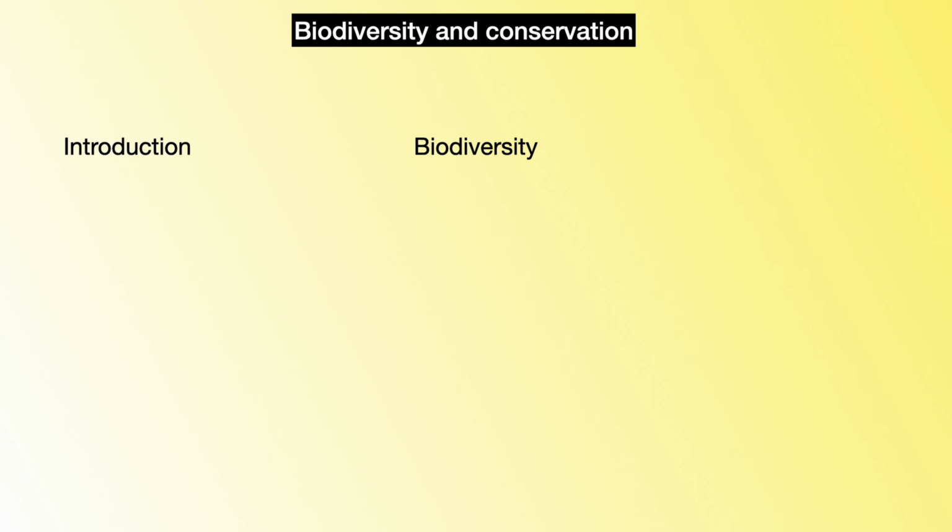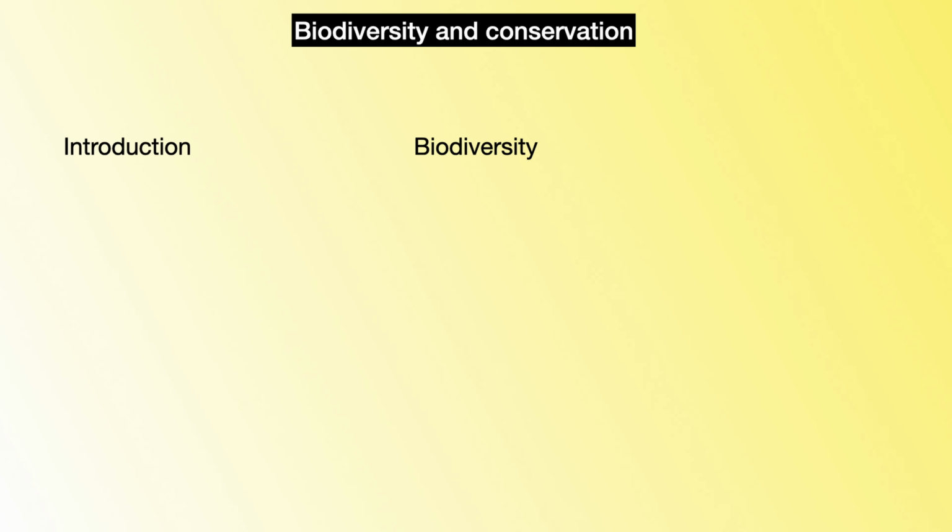When we hear the word biodiversity, most of us think of different animals or plants. But sociobiologist Edward Wilson, who popularized the term biodiversity, wanted us to see something much deeper. He explained that diversity is not just about the number of species.